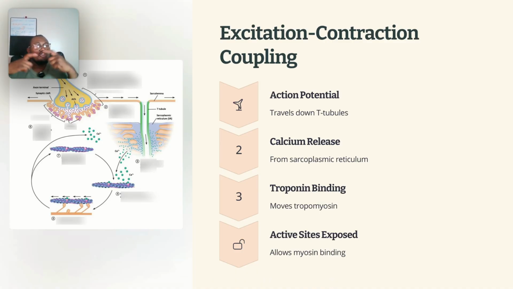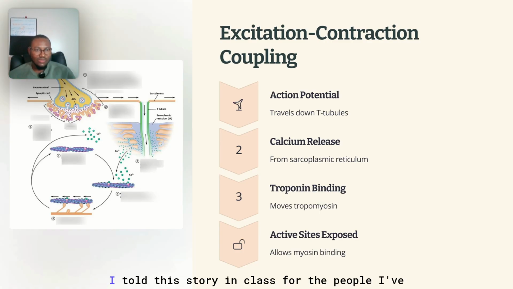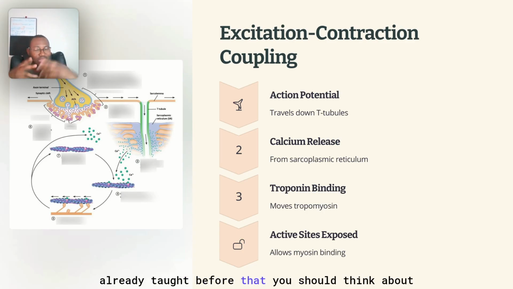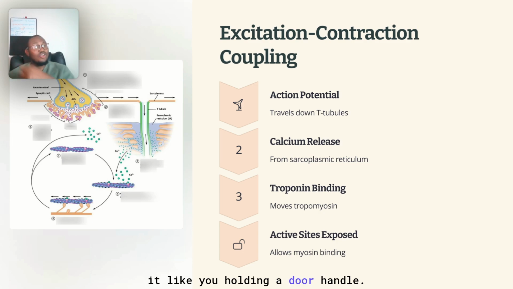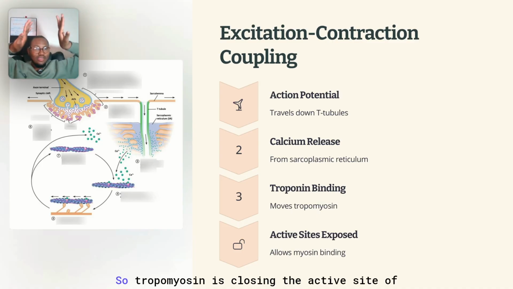It's signifying tropomyosin. I told this story in class for the people I've already taught before: think about it like you holding a door handle. You are representing calcium. The door handle is representing troponin. The door itself is representing tropomyosin. So tropomyosin is closing the active site of actin. The wall is the actin.